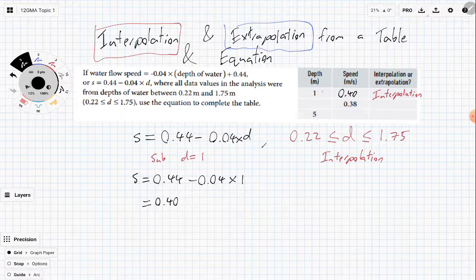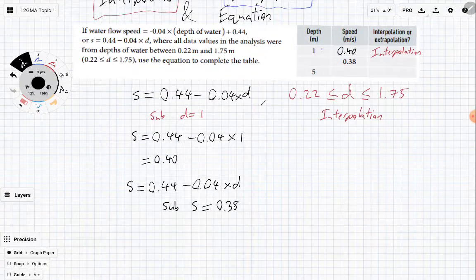So let's take our equation, S equals 0.44 minus 0.04 times D. And this time we're going to sub in S equals 0.38, because we know the speed, we don't know what the depth is. So we get 0.38 equals 0.44 minus 0.04 times D.